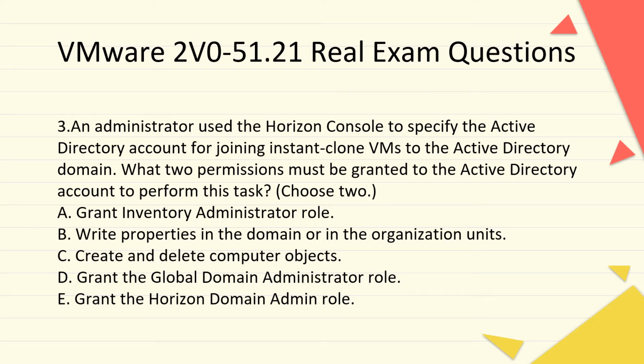B. Write properties in the domain or in the organization units. C. Create and delete computer objects. D. Grant the global domain administrator role. E. Grant the Horizon domain admin role.